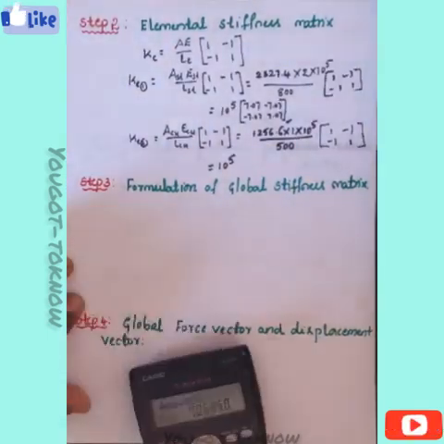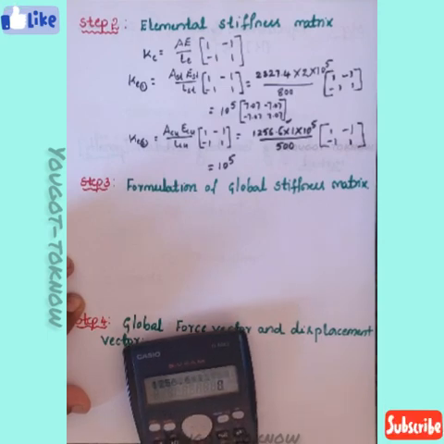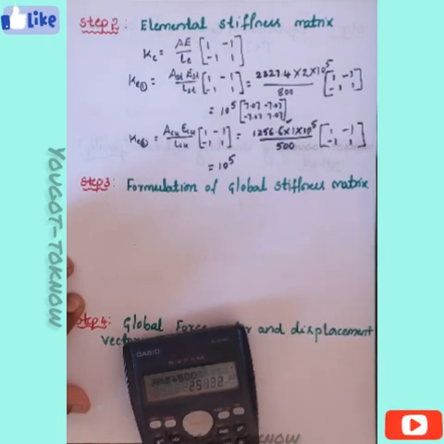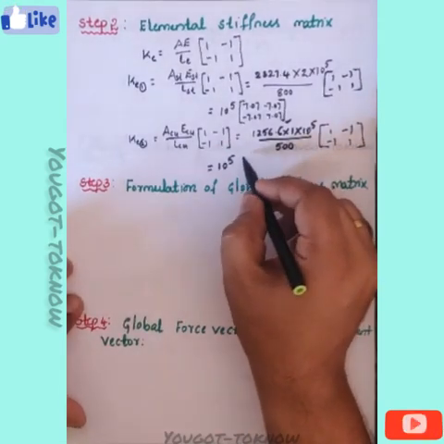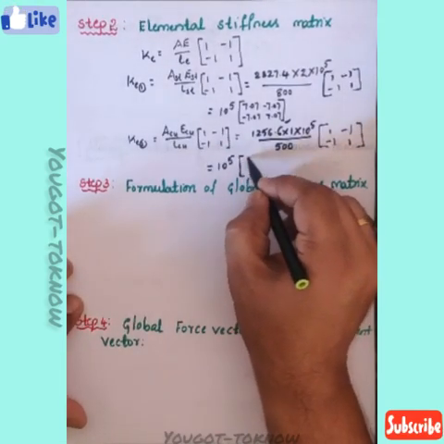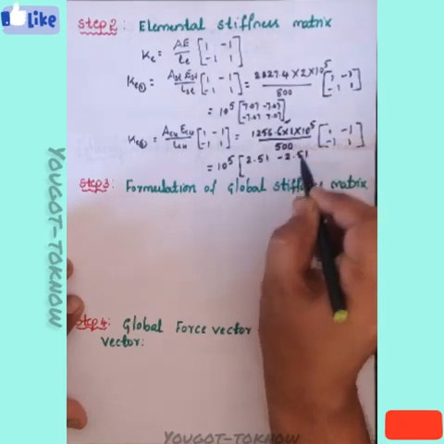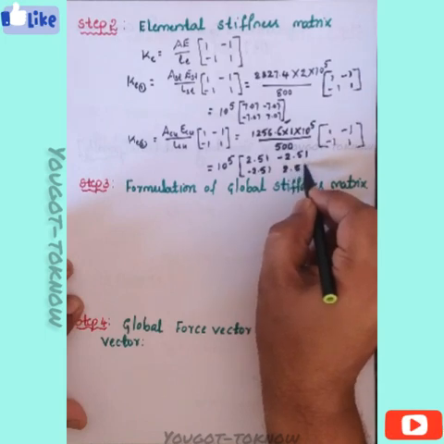I calculate the value: 1256.6 into 1 into 10 power 5 divided by 500. You are going to get 2.513. That means I'll write here 2.51 minus 2.51 minus 2.51 and 2.51.